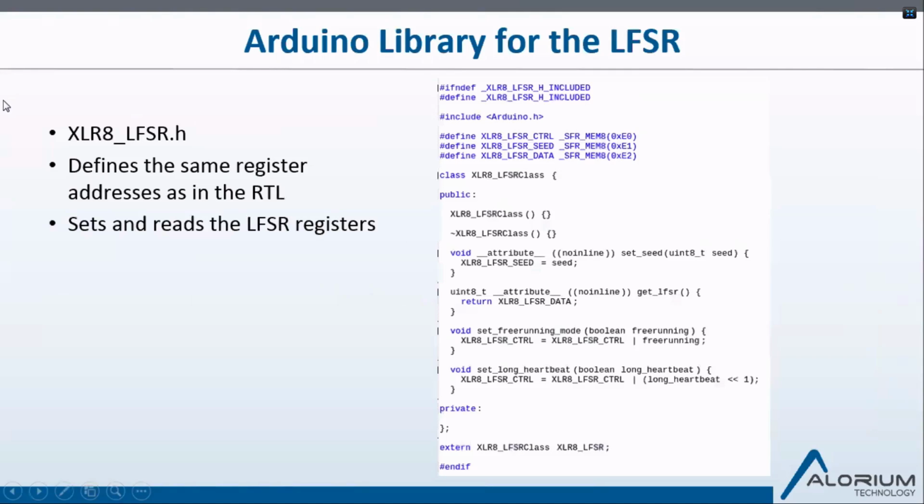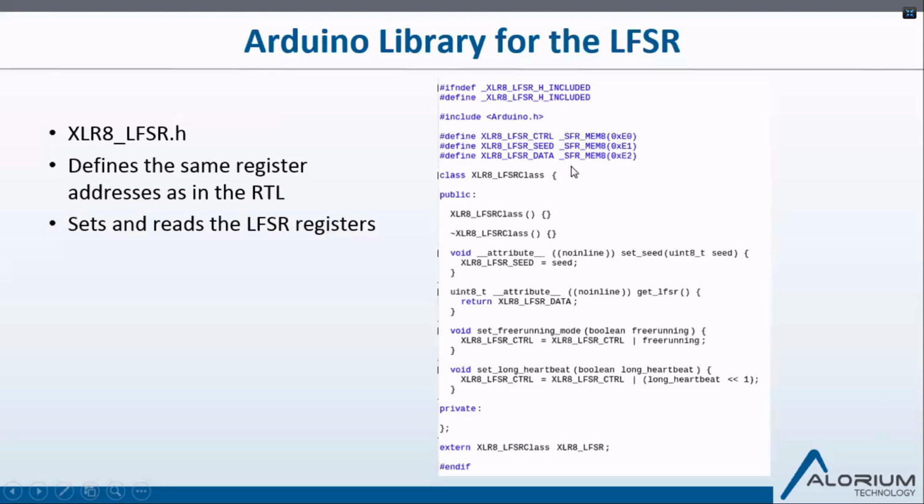For the LFSR, I've written an Accelerate LFSR header file. It's just a simple little class that handles the register access for the LFSR, and that's really all it's doing, just accessing those registers. You can see the registers are defined up here at the top of the file.